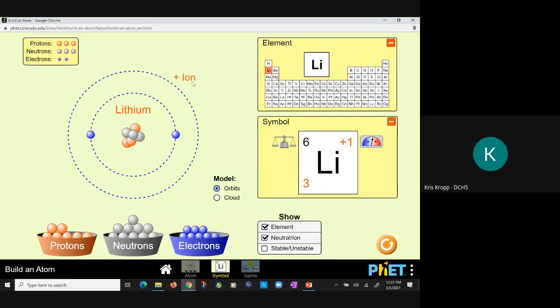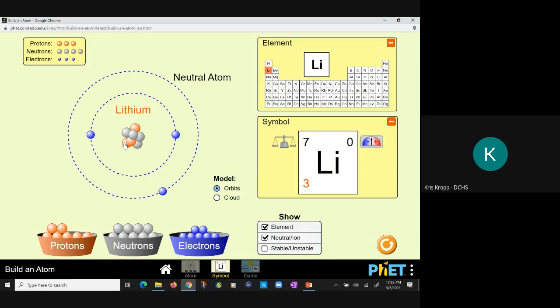Right now we've got an ion, +1 charge because there's 3 protons. And we know by looking at this, if the charge is positive, that means there's an extra proton when I compare to electrons. So if there's 3 protons, there can only be 2 electrons if I have a +1 charge. And we can see that in the picture. All right, so if I want that charge to go to 0, I have to add an electron. Notice it goes to that second energy level again.